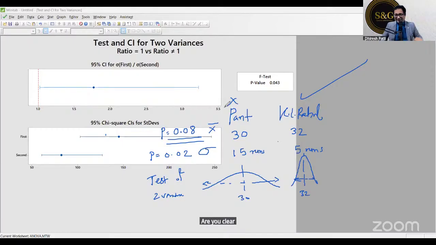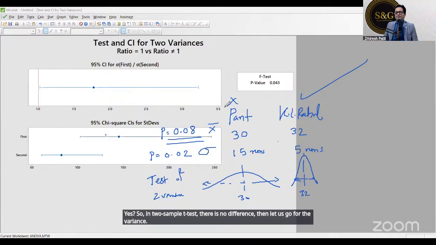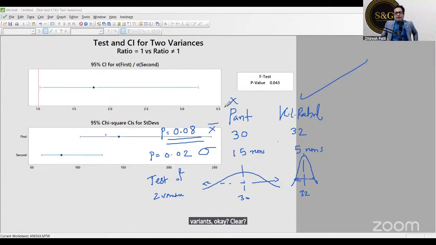The practical example. So in the two sample t-test, there is no difference; then let's go for the variance. Okay, clear? Just give me yes in the chat box.